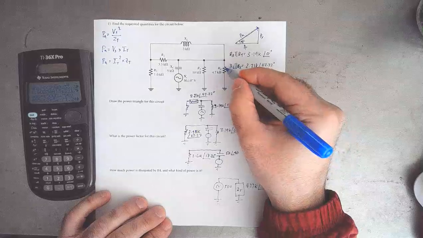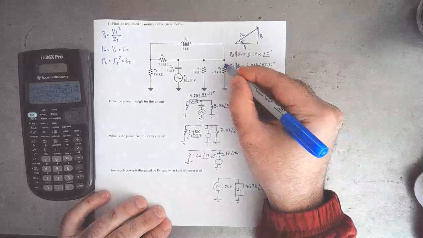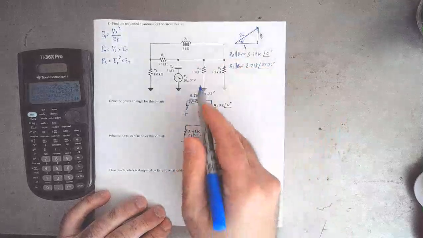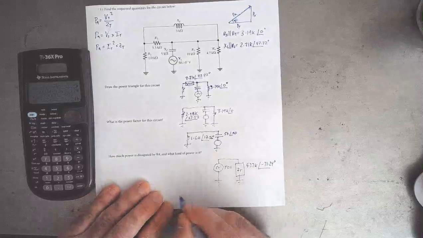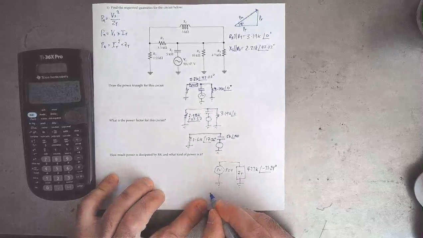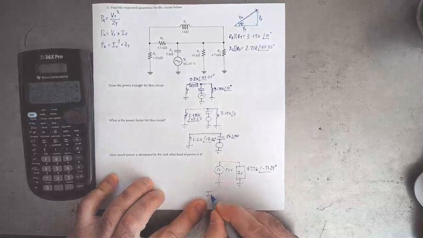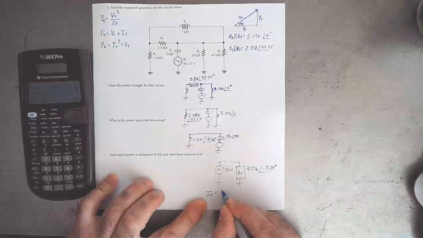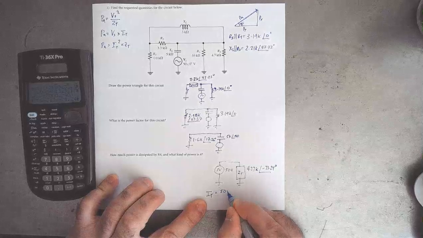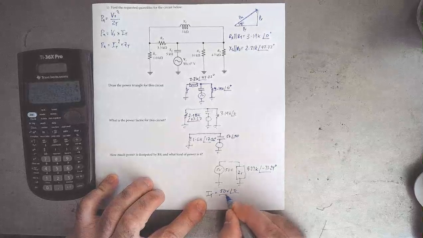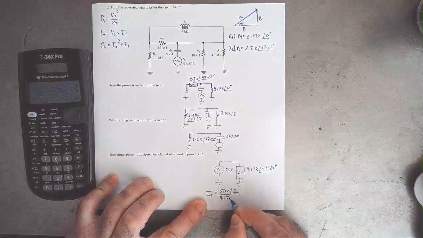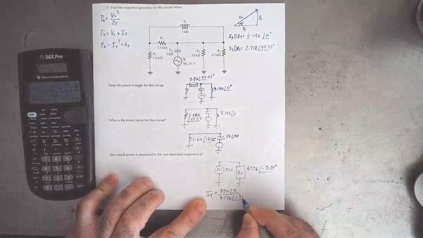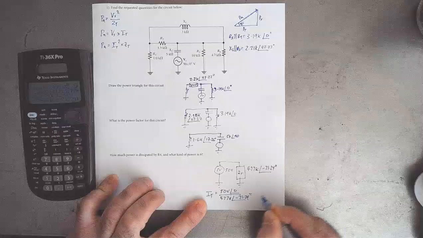I know that we're asked about what the power is through this resistor. And so because of that, I'm just going to get IT here right now. So IT is going to be 50 volts at 0 degrees divided by ZT, which is 4.77k at minus 71.24 degrees.